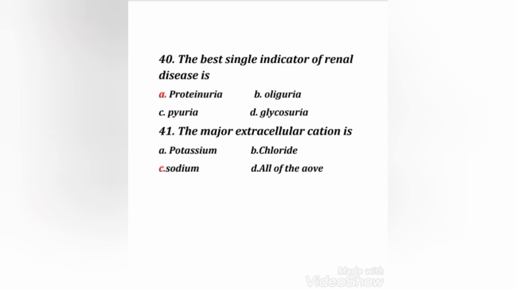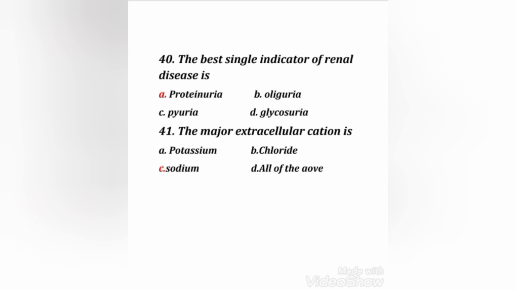Next question. The best single indicator of renal disease is proteinuria, oliguria, pyuria, glycosuria. The right answer is option A. The best single indicator of renal disease is proteinuria. Next one. The major extracellular cation is potassium, chloride, sodium, all of the above.